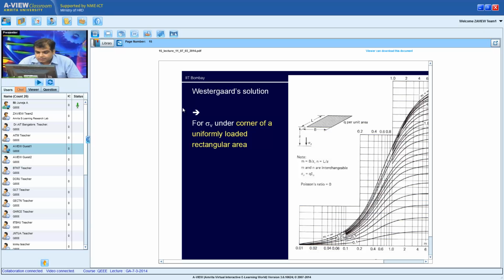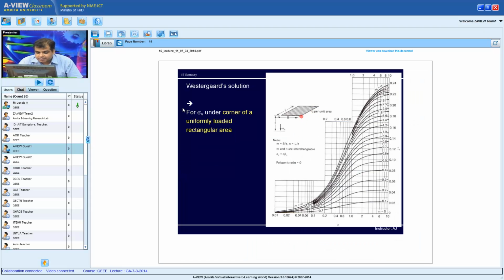For the distributed area, again a rectangular distributed area, at a corner, I have a chart which is very similar to Boussinesq's theory. This chart is for Westergaard. Remember I have n and m parameters on this curve, and I can select them so that accordingly I get the influence value which is read from the vertical axis.